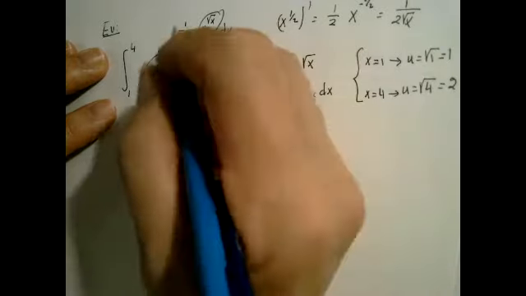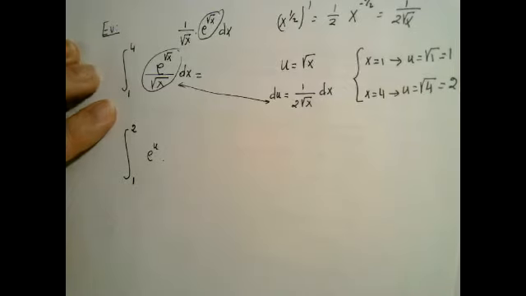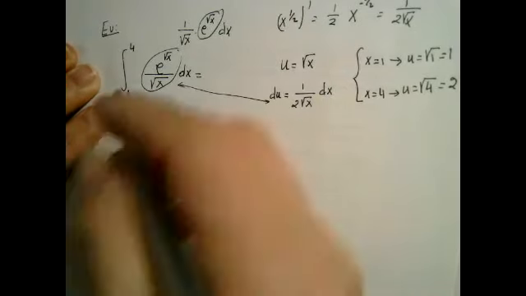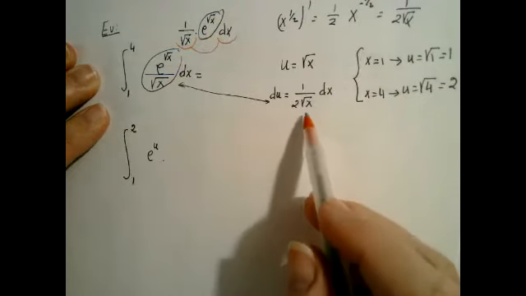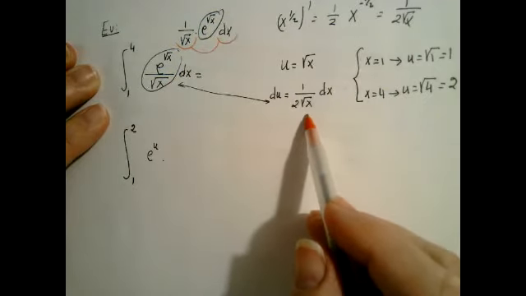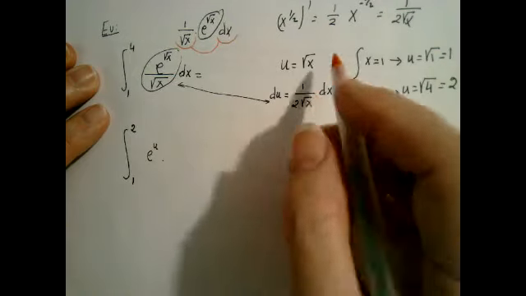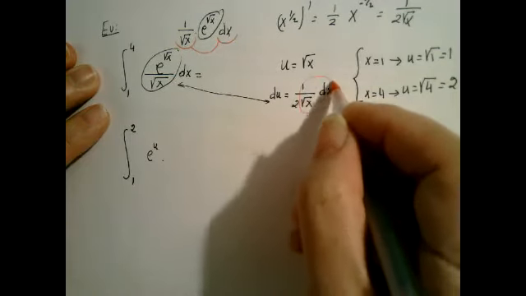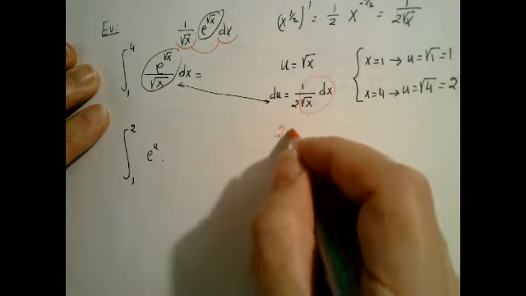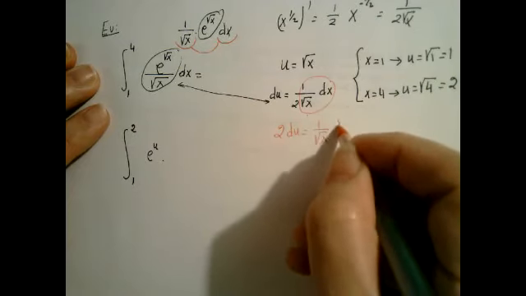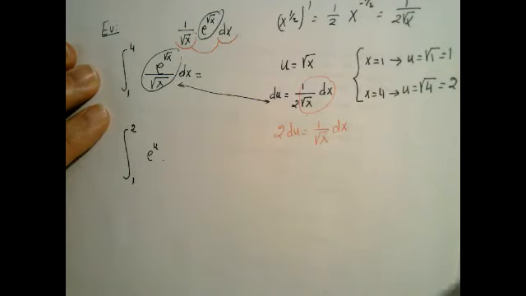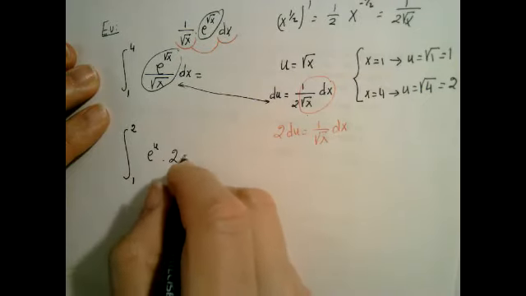Then the piece which is left, 1 over root x dx, is actually in front of me right there. I can pull it from here. So if I isolate it, 2 du is 1 over root x dx. So this is going to be 2 du.